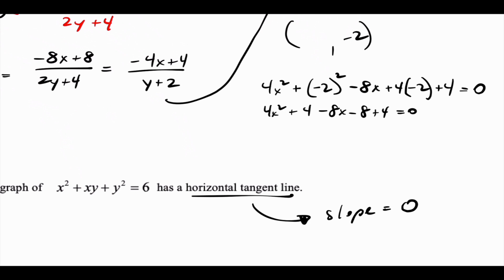So I have positive 4, negative 8. Those cancel out because they simplify to 0. So I have 4x squared minus 8x equals 0. Well, it's a binomial. Does it have a GCF? Yeah, 4x, right?